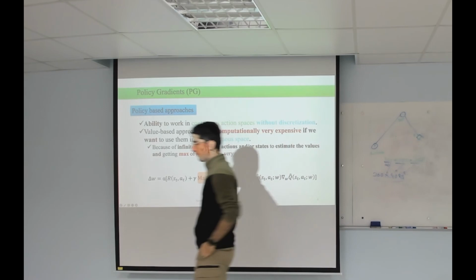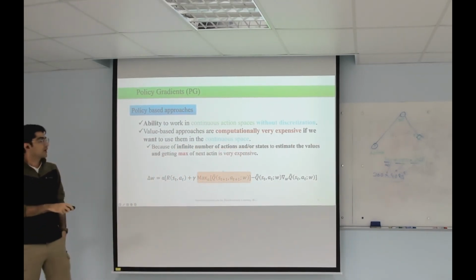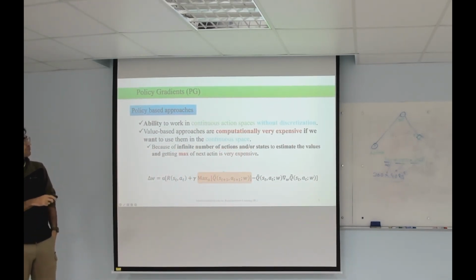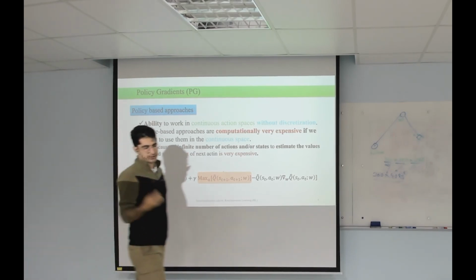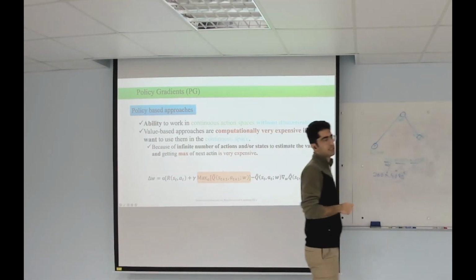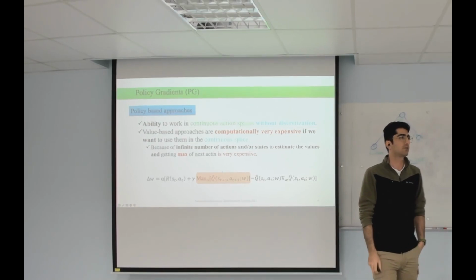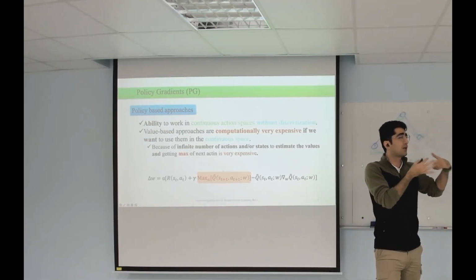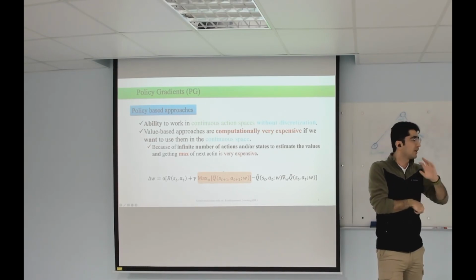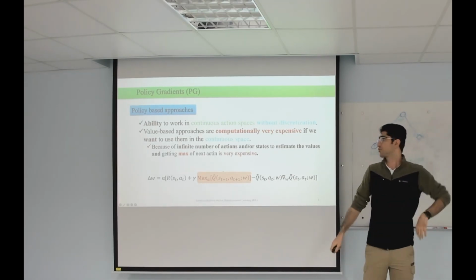That's why we want to see how with policy gradients we can replace this part, get rid of this part, and update the policy directly through the network by some parameterized value, not using the value function anymore.